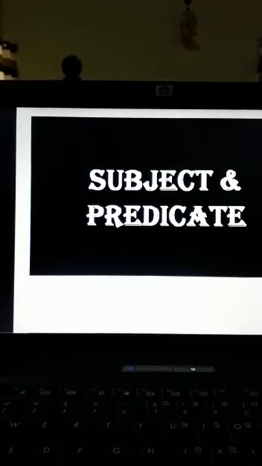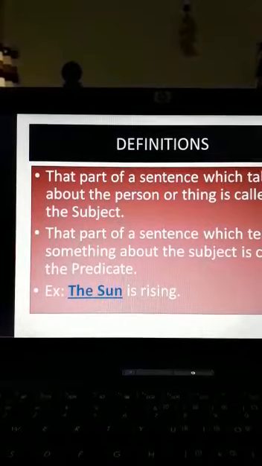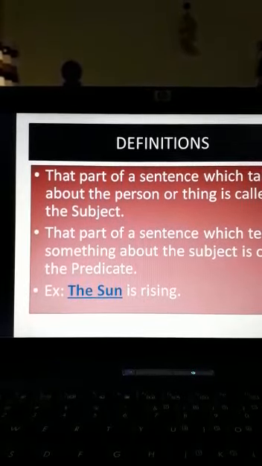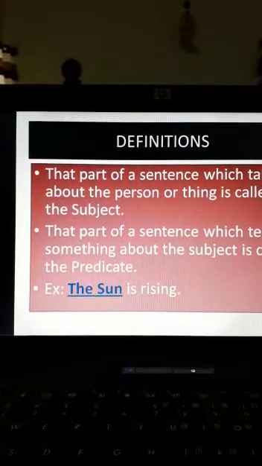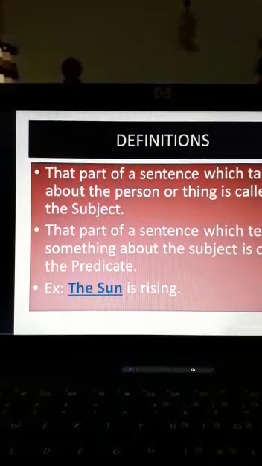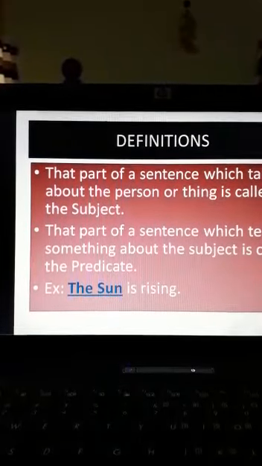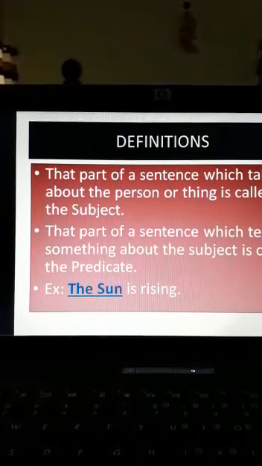Now let's find out what exactly is a subject and a predicate. So subject is nothing but that part of the sentence which speaks about a person or a thing. Like in the example, the sun is rising. Here the sun is the subject.